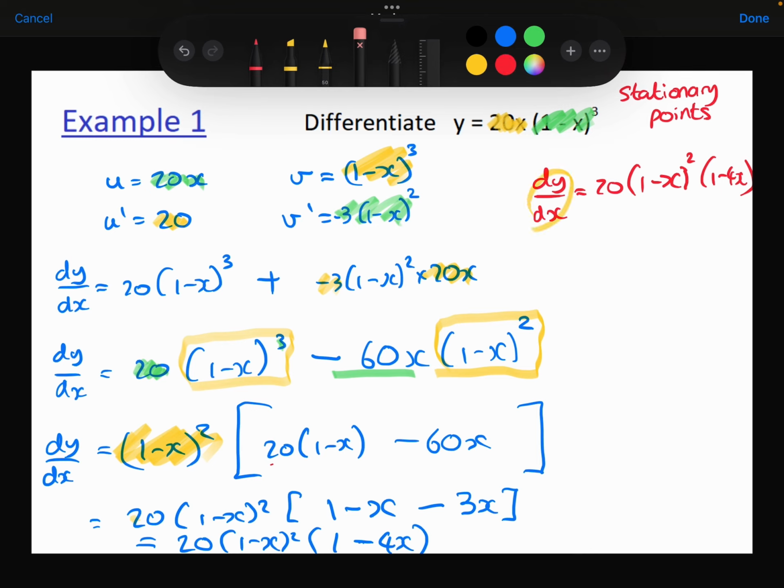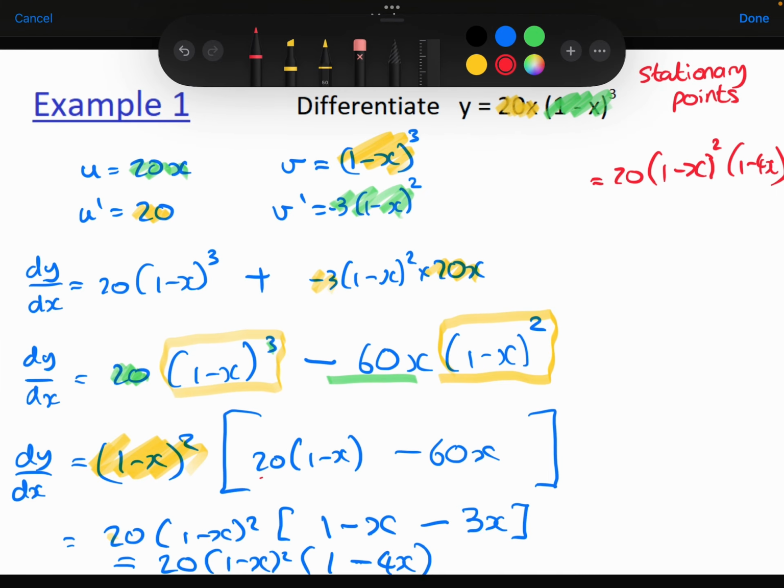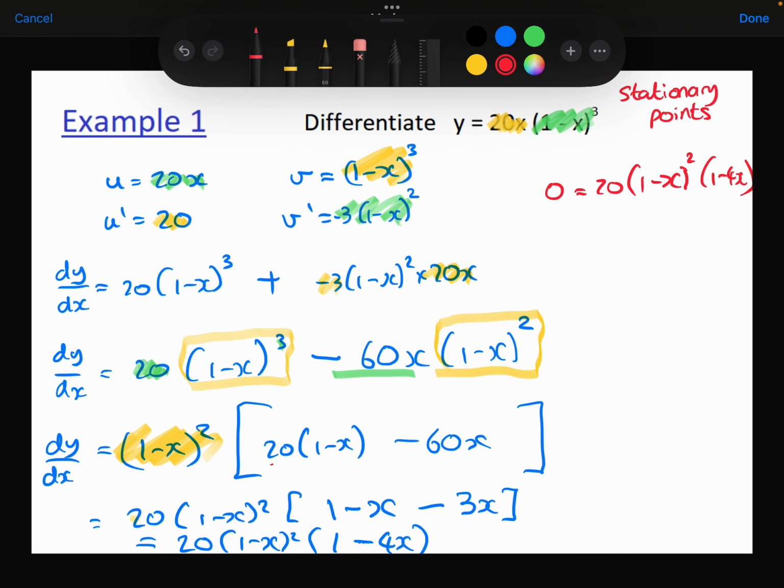So if I make the gradient equal to 0, this is now really easy to solve when it's in its simplified form, because I now know that either this bit has to equal 0 or this bit has to equal 0. So either x is 1 or x is equal to 1/4.